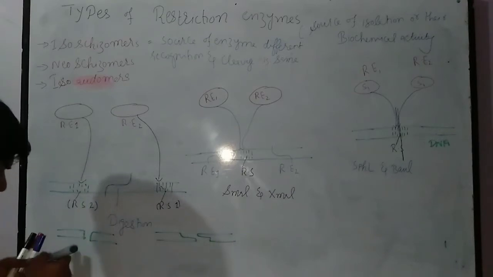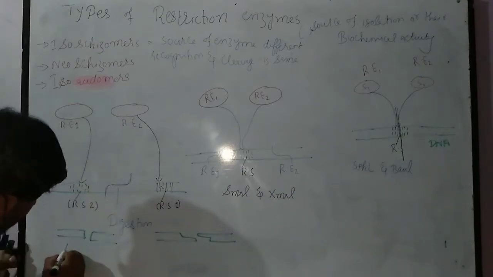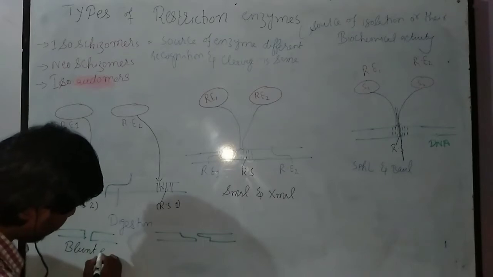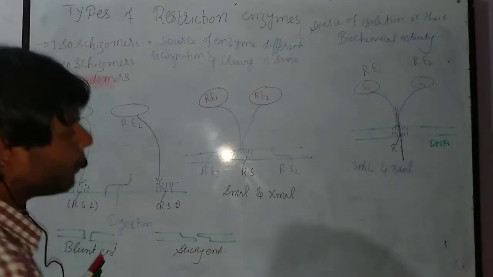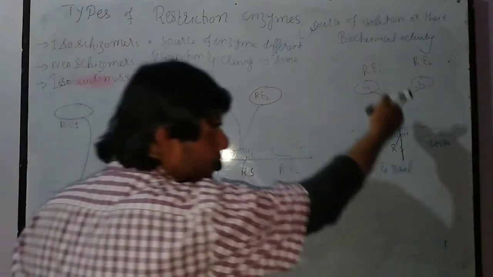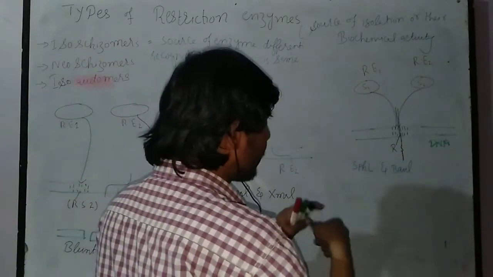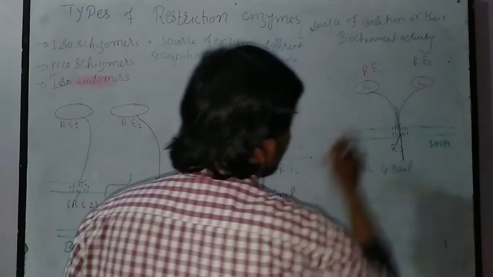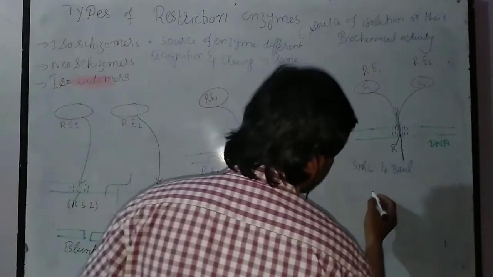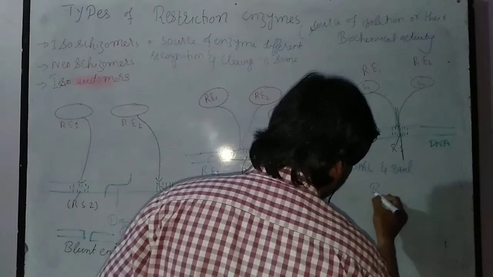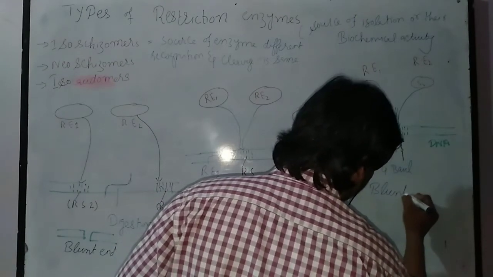Remember, when we use isoschizomers, they will usually produce the blunt end of the DNA molecule.